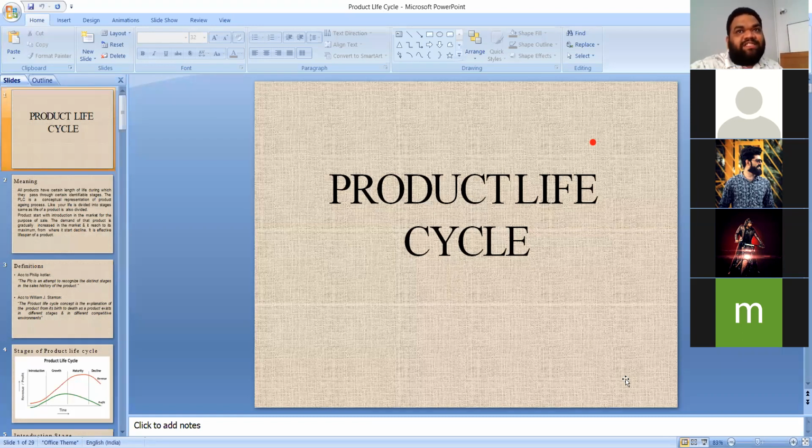Sometimes there are chances that at the introduction stage itself, some products face a decline. At the growth stage, some products fail and may reach the next stage called the decline stage.